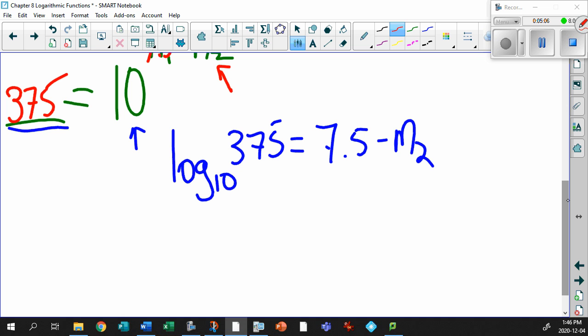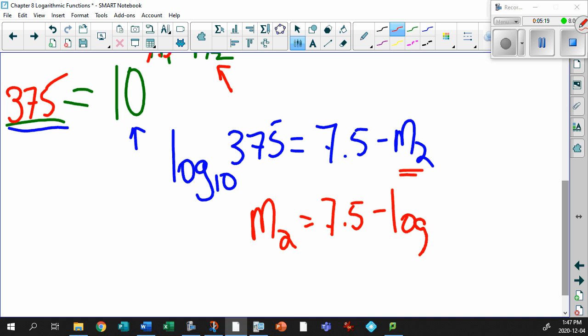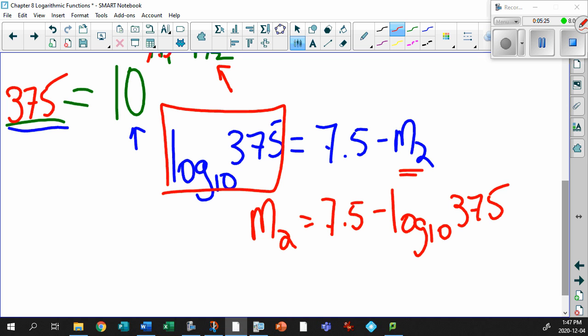So what is the magnitude of the M2 earthquake? Bringing everything over to the other side and subtracting, M2 is 7.5 minus the log base 10 of 375. All I did was straight algebra, remembering that the log is just a number. If you punch it into your calculator, you end up getting 4.9.